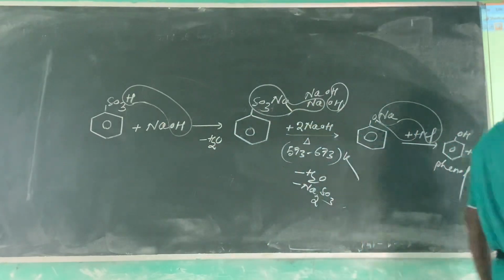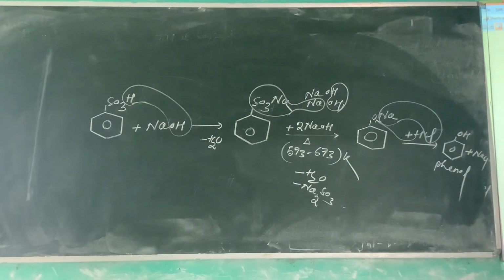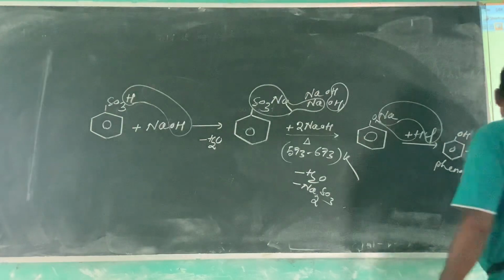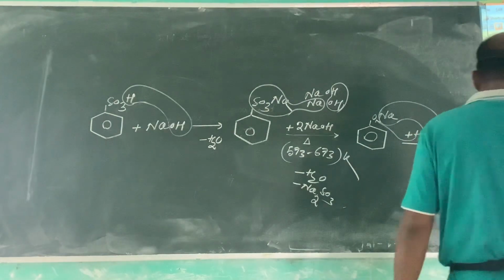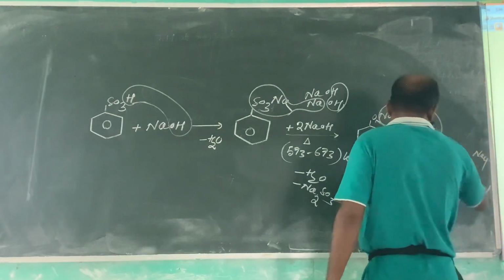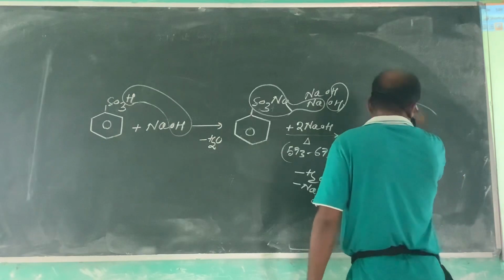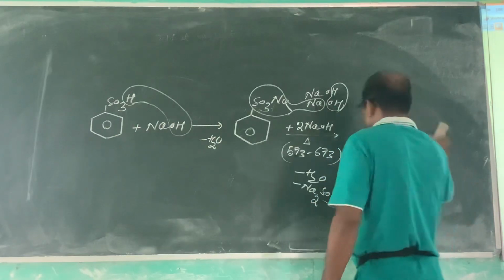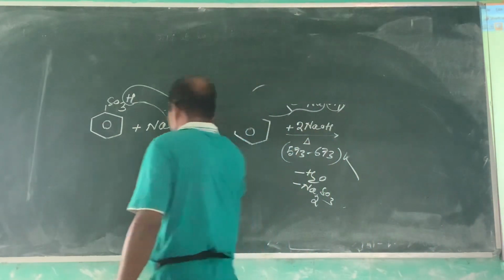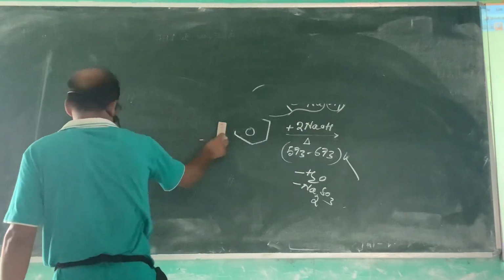Let us consider the third method of preparation of phenol, from benzene diazonium chloride. When benzene diazonium chloride is heated with water in presence of dilute HCl, it gives phenol.